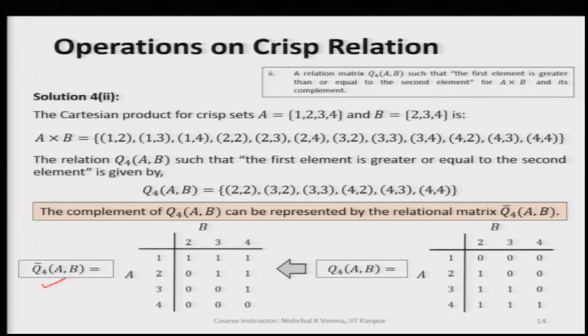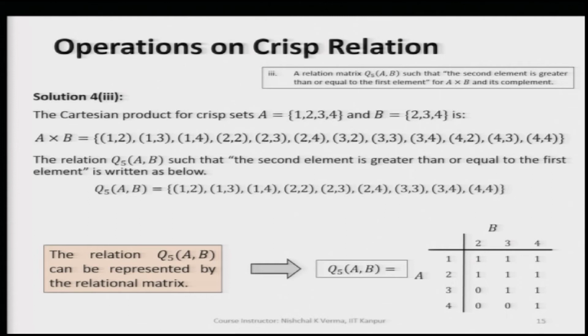So, this is Q4 bar of A comma B, and this is equal to a relational representation here. We see that we change 1 into 0 and 0 into 1, meaning those elements which were not present in Q4 A comma B are present here in this set Q4 bar of A comma B. So, this way we find the complement of a crisp relation.